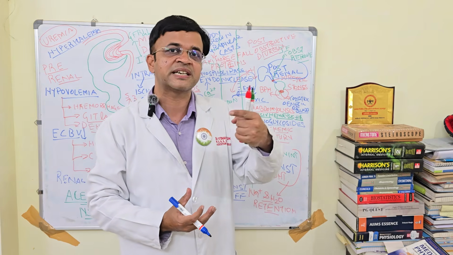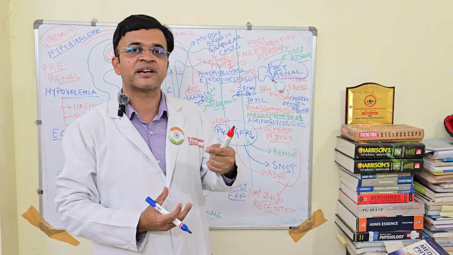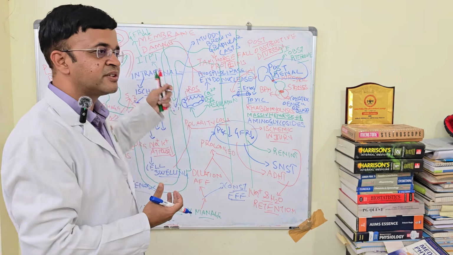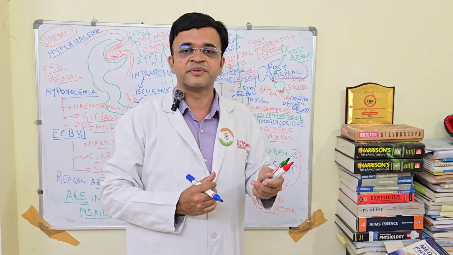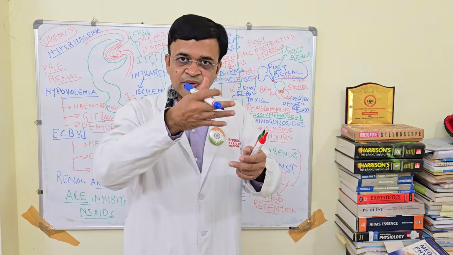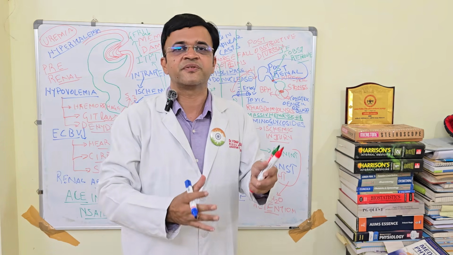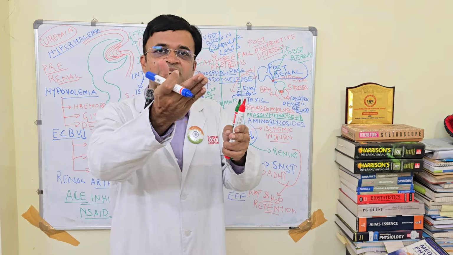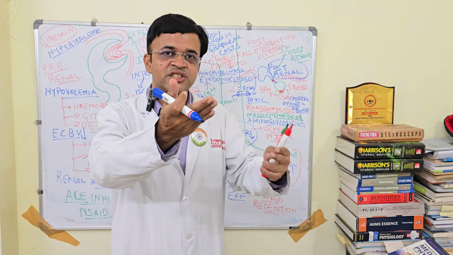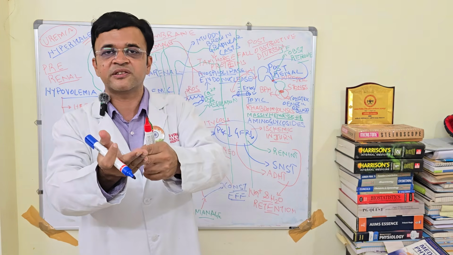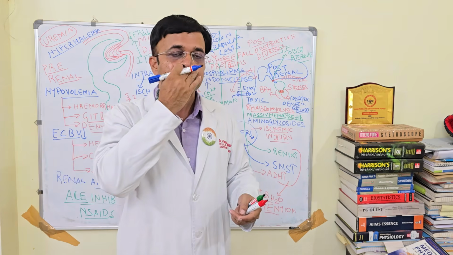Another reason is the phosphate level rise. Why does phosphate level rise? Because less blood is coming to your glomeruli, so less phosphate filtration, less phosphate excretion. So the phosphate level rises, and some calcium combines with the phosphate also. So this also reduces the serum calcium.